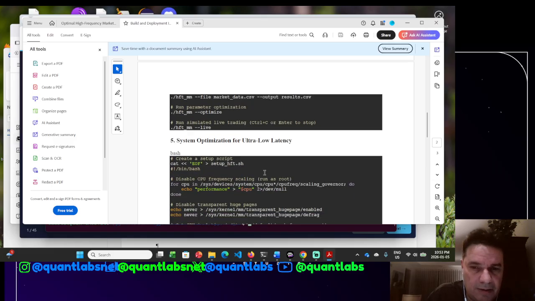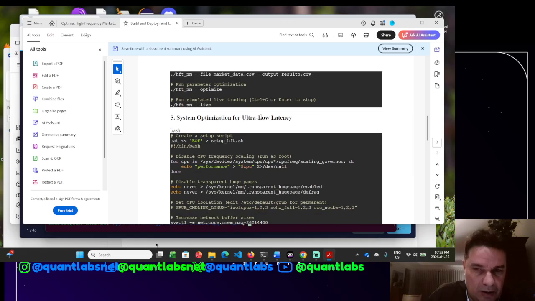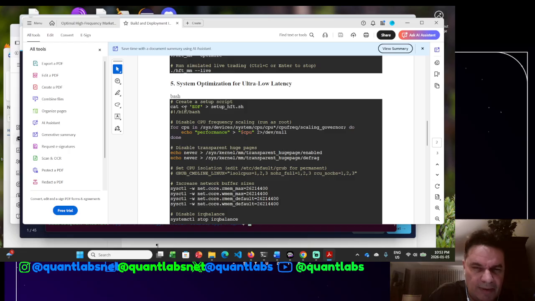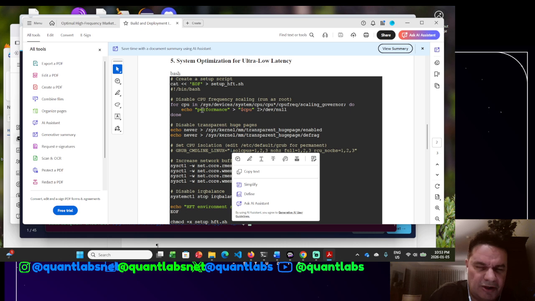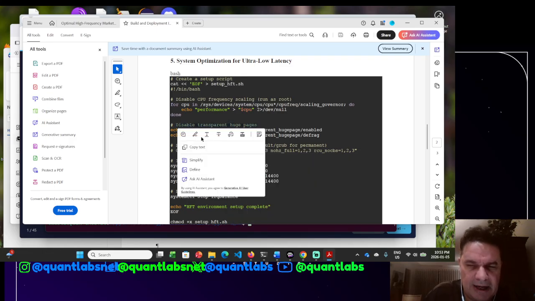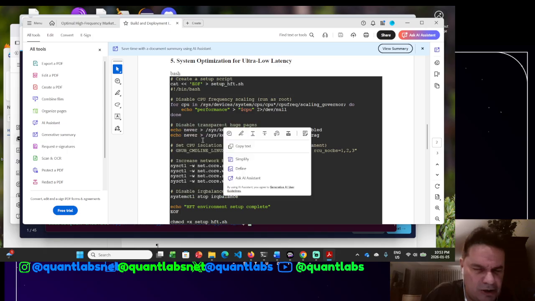Now, if you want to tweak your Linux environment for so-called ultra low latency, you can run the shell script right here. What we're doing here, we can disable the CPU frequency scaling, running it as root. We disable the transparent huge pages.